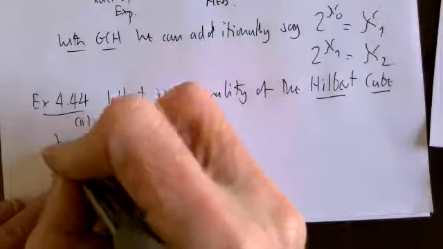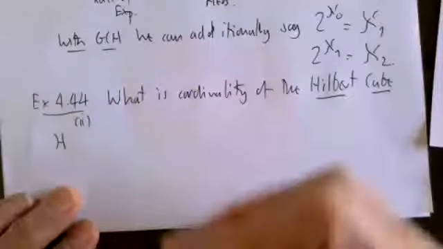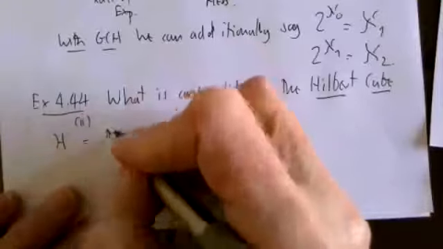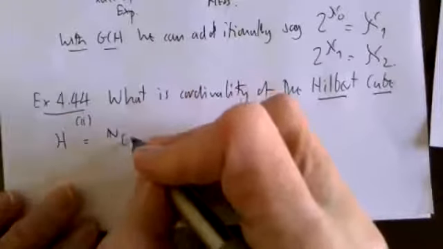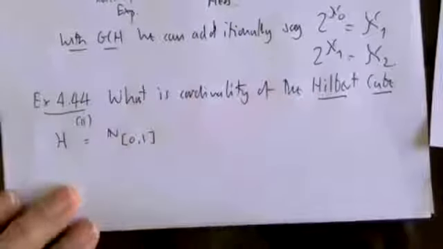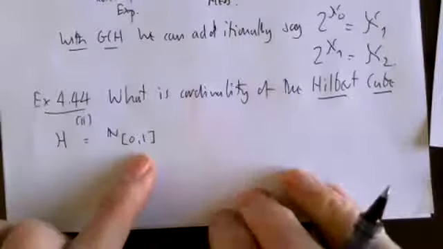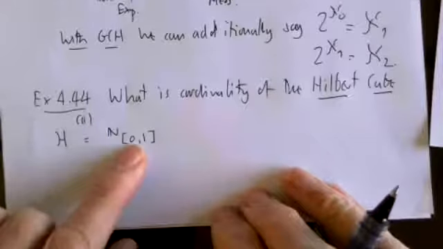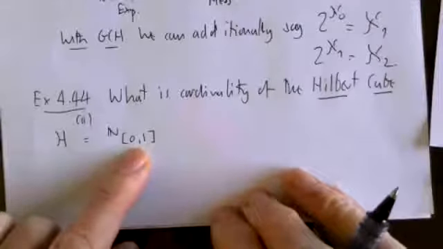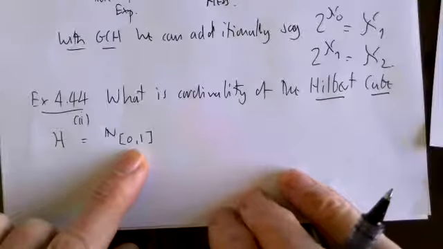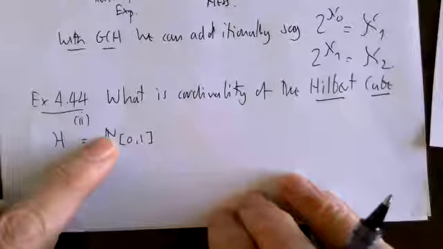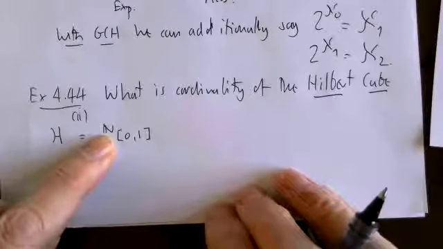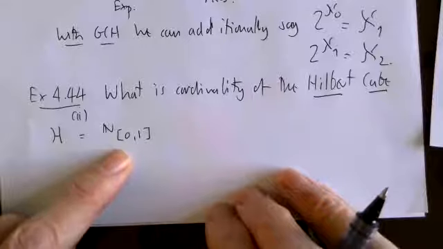So this is H, and it's a set of functions from n into 0, 1. So I could think of a cube in 3 dimensions as a collection of functions from 3 into the unit interval. So it's a cube 1 by 1 by 1. Right? But this is a cube with, as it were, infinite dimensions. It's a map from n into 0, 1 here.